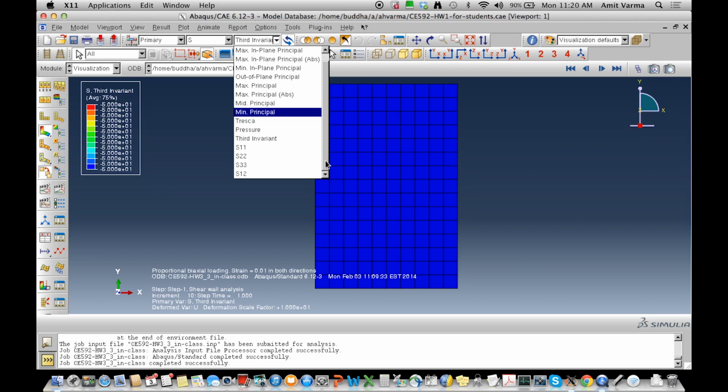So I need a better example in order to investigate that, and I need to post-process that example a little bit. So what we're going to do is we're going to look at non-proportional loading. Next time, we'll take a look at non-proportional loading, where we'll apply yielding in the one direction first, and then we'll stretch it in the 1 and 2 direction together, and we'll post-process all of that information to reveal what these directional values are.